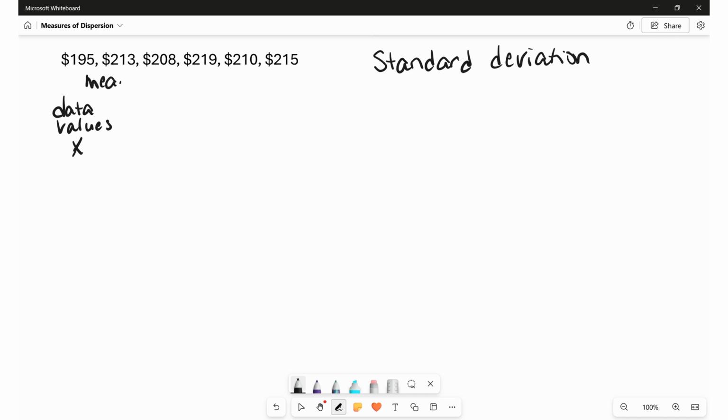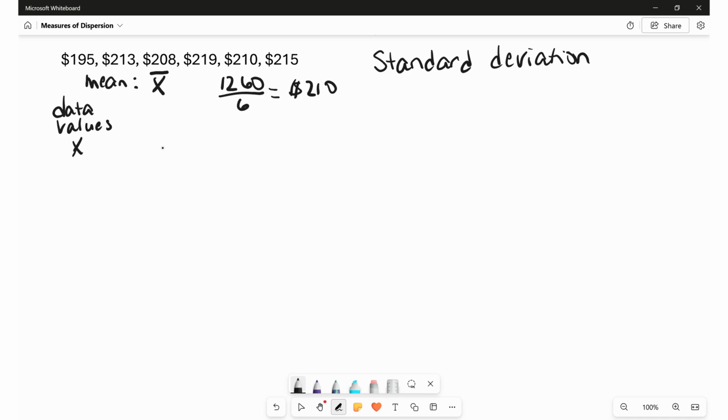We need to find the mean. And the symbol that we use for the mean is this thing called X bar. So recall when we find the mean, we add up all of our data values, and then we divide by the number of data values that we have. And that gives us the mean. So the mean of this data set is $210.